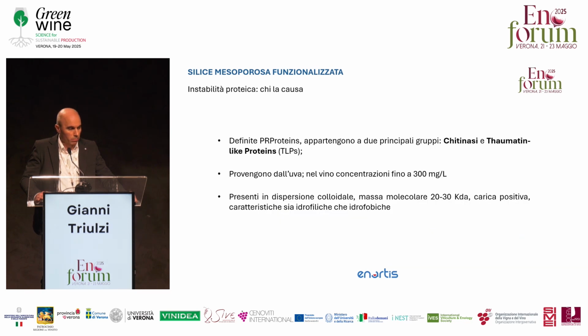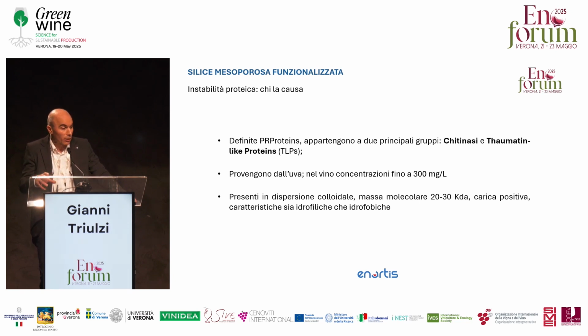What proteins are we talking about? Not all of them, of course. There are specific categories. One of these is the category of PR proteins, pathogenesis-related proteins. These are proteins that are used by the plants to defend themselves against several stress types.